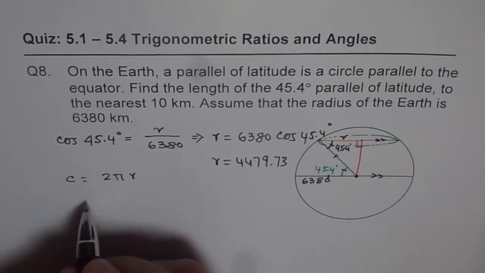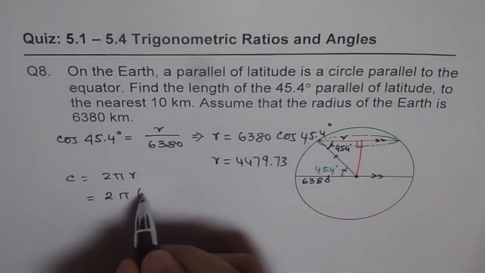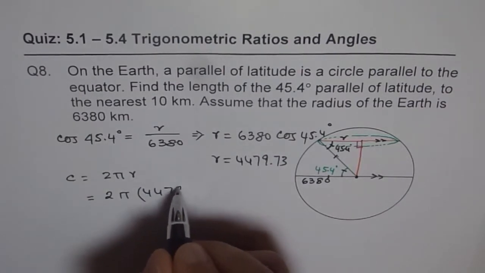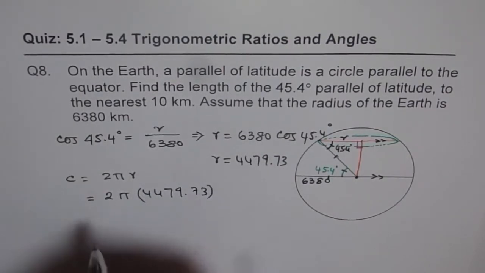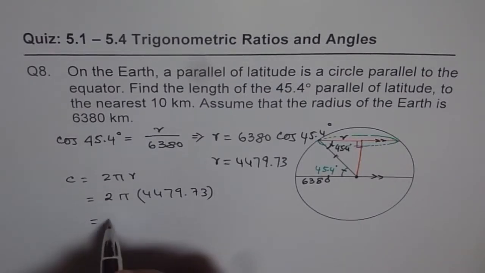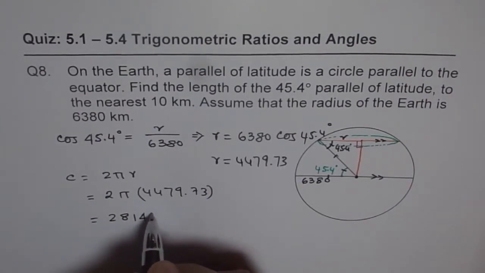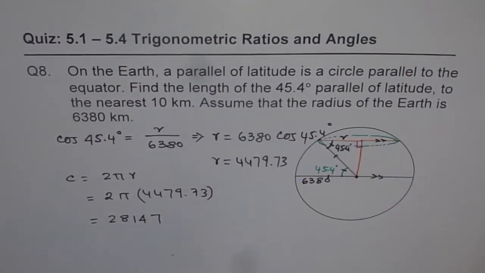The circumference is 2 pi r, so we get the circumference as 2 pi times 4479.73. Multiplying by 2 and then by pi gives the answer, which is 28147.